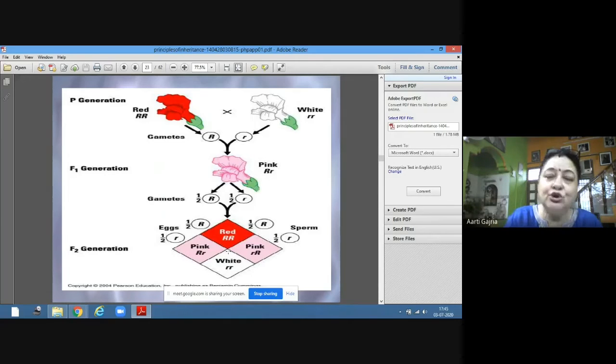Mendelian phenotypic ratio was 3:1 and genotypic was 1:2:1. So here the phenotypic as well as genotypic ratio are both the same in case of incomplete dominance.